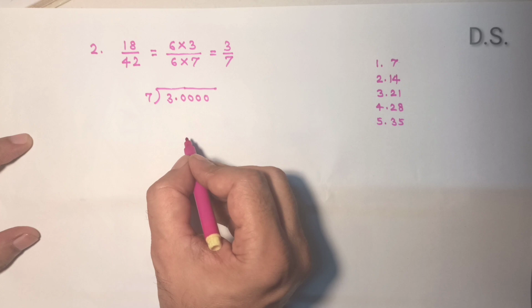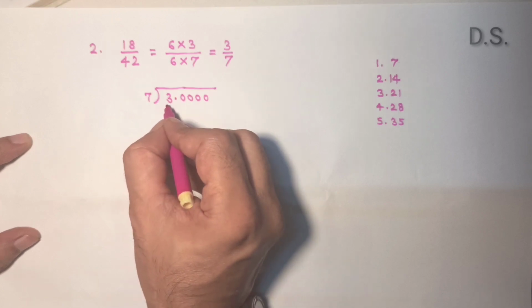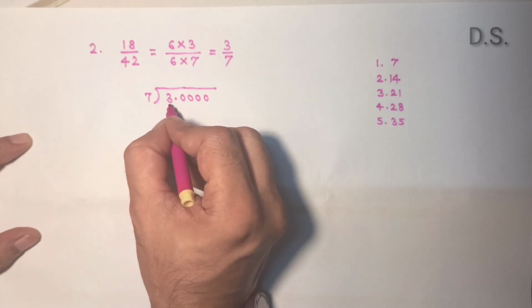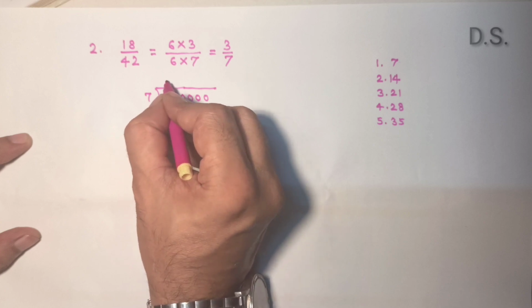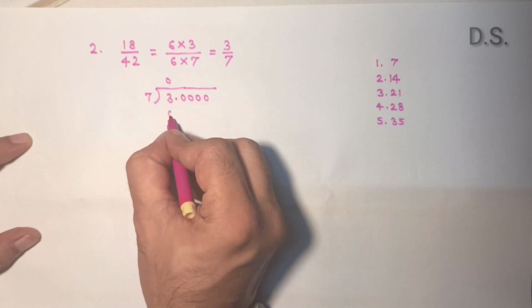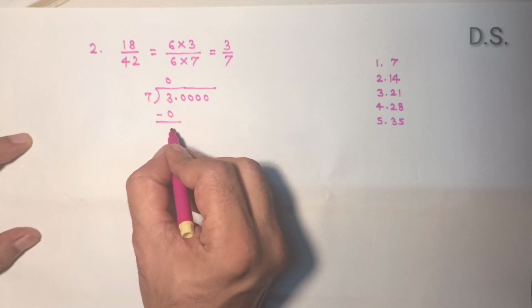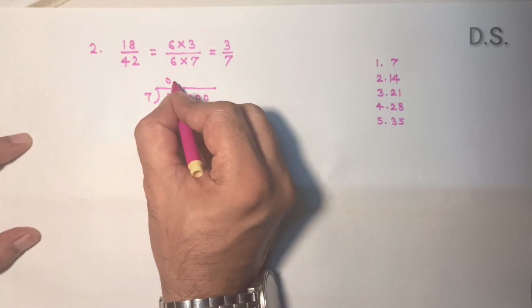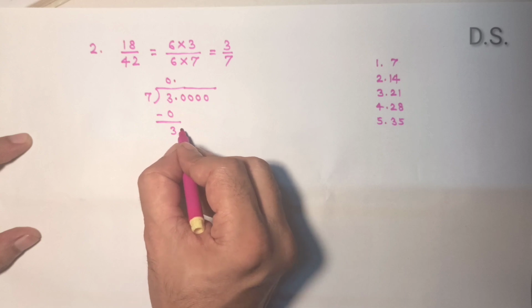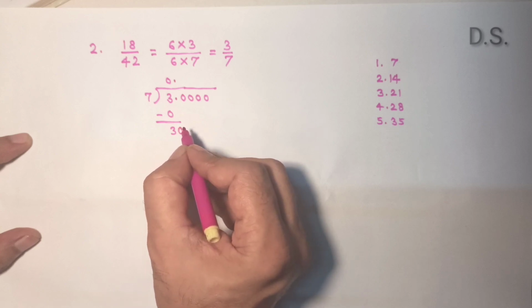Let's start the division. Try to divide 3 by 7, which is not possible. So put 0 here, 0 times, and subtract. You get 3. Put the decimal point here, so you get 30.